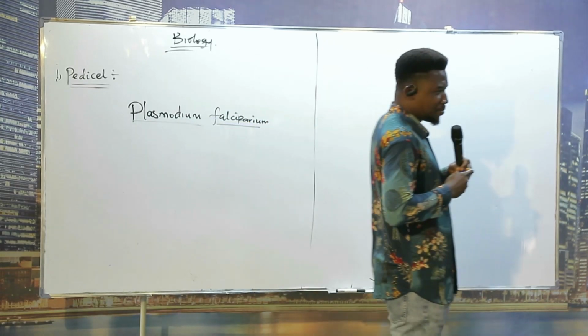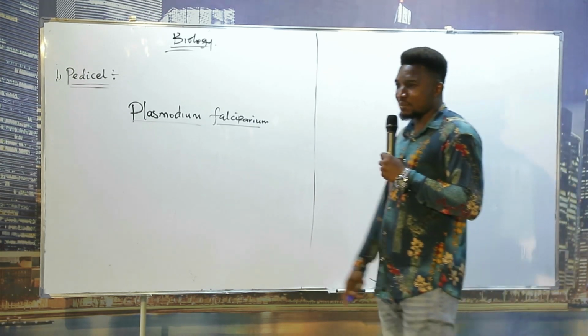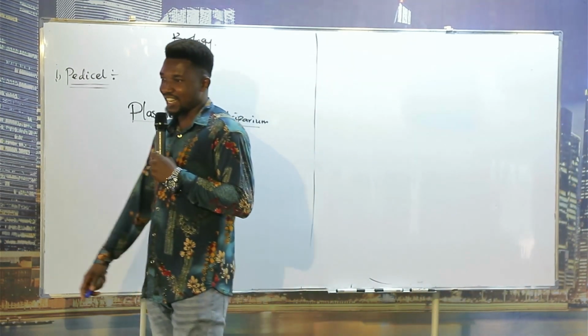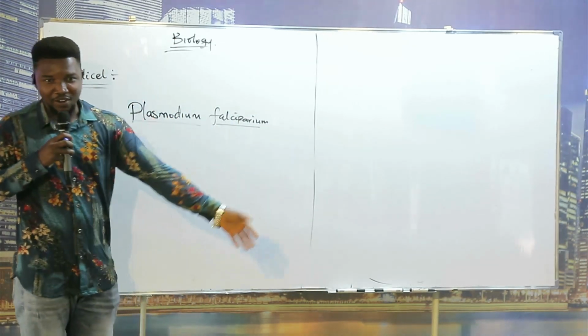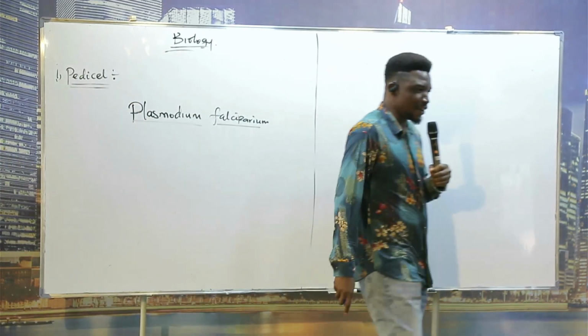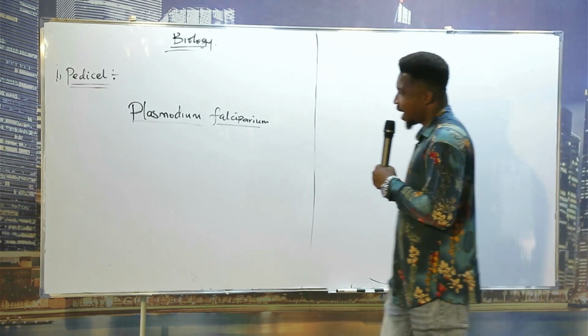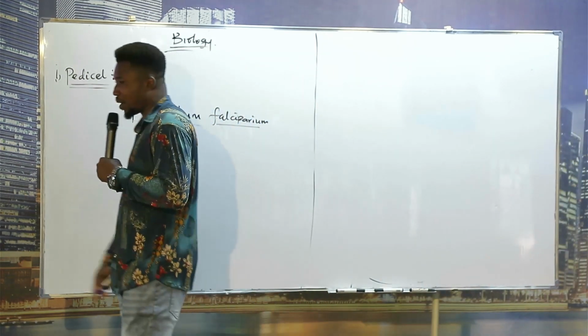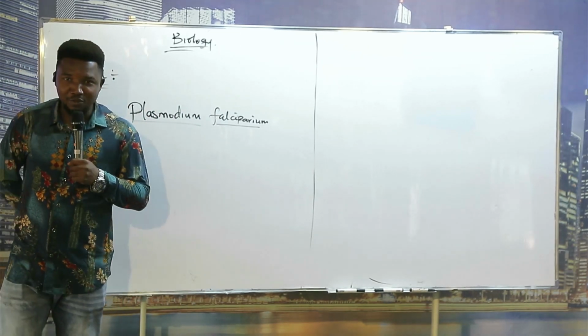So it is not the mosquito that causes the disease. The mosquito is just the disease carrier. So the mosquito carries the organism that causes malaria, right? The organism that causes malaria is under kingdom Protista, right? That's under the subphylum Protozoa, right? So we have that Plasmodium falciparum is the causative agent of malaria.